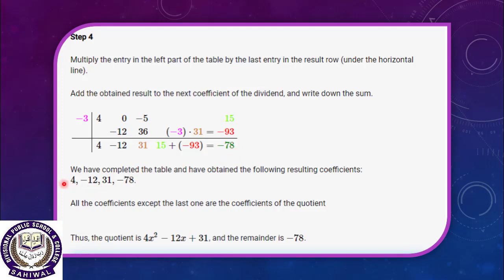We have 4, -12, 31 and -78. These are the coefficients of the new quotient 4, -12 and 31, while -78 is the remainder. So we can write the quotient as 4x squared minus 12x plus 31, and the remainder is -78.